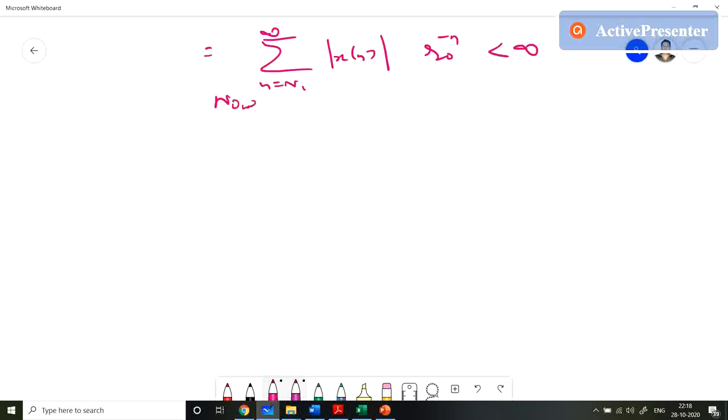Now if there is another r1, a constant value greater than r0, then what will happen?